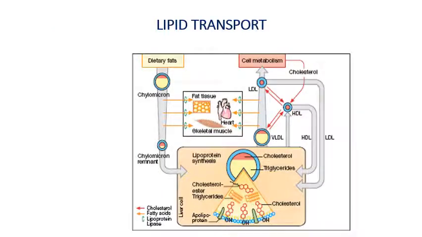And this is the transport of lipids. So how is the dietary fat transported in our body? As you can see here, the dietary lipids are absorbed in the intestine with the help of bile acids. Here they form chylomicrons, and these chylomicrons reach the bloodstream through the lacteals and the thoracic duct.